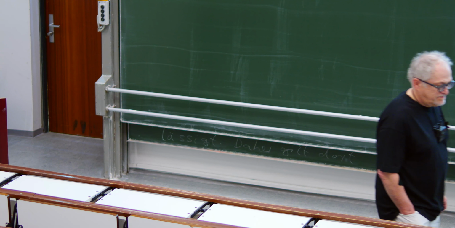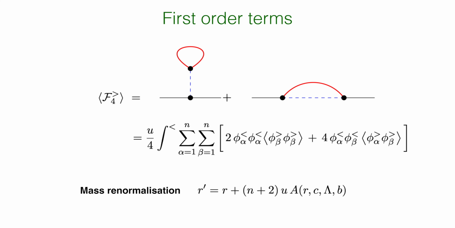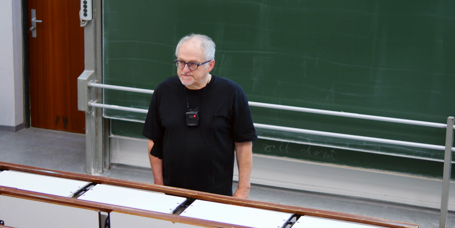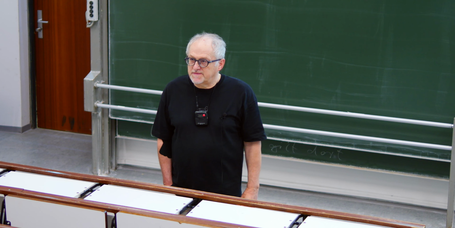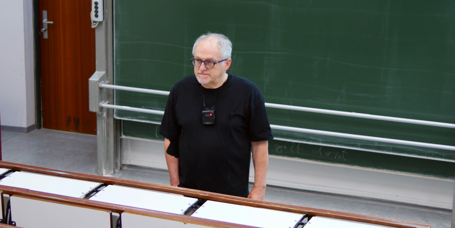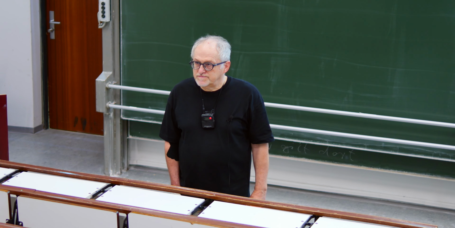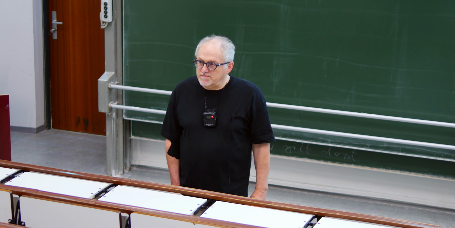So on the last slide, with the first order terms, why does it work that if we integrate over the phi larger, we get these closed red loops? But we also integrate over the phi smaller, so why don't we get closed black loops? Because we keep them, right?